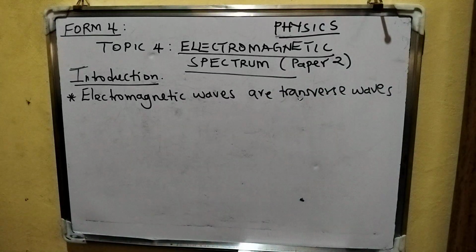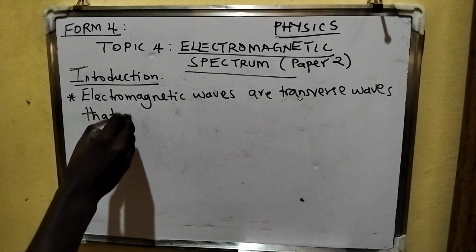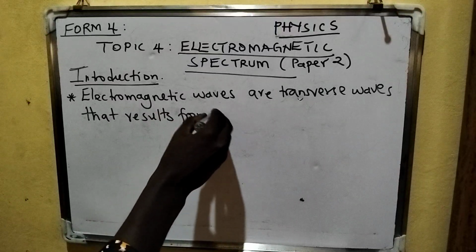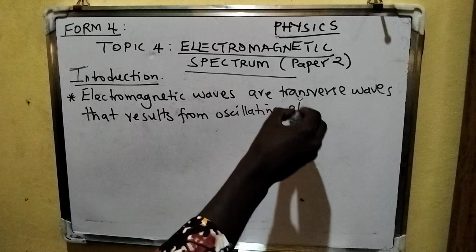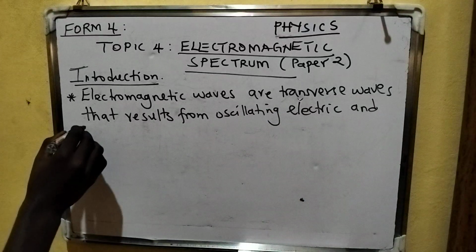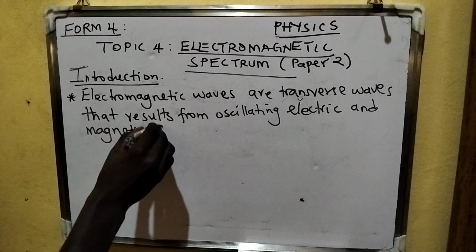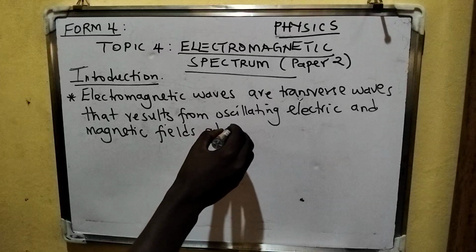Electromagnetic waves are transverse waves that result from oscillating electric and magnetic fields at right angles.